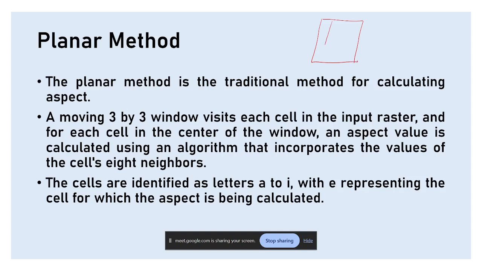So you have A, B, C, D, E, F, G, H, I. We are calculating the aspect for E, based on an algorithm which takes into account the values of the remaining 8 cells. This is the planar method. The cells are identified from A to I, and E represents the cell for which the aspect is being calculated.